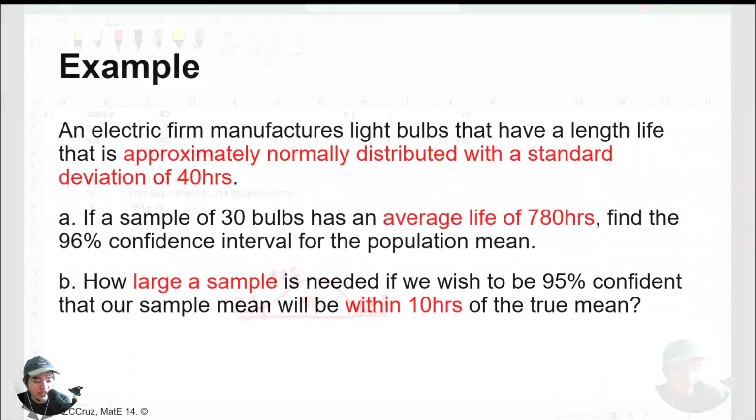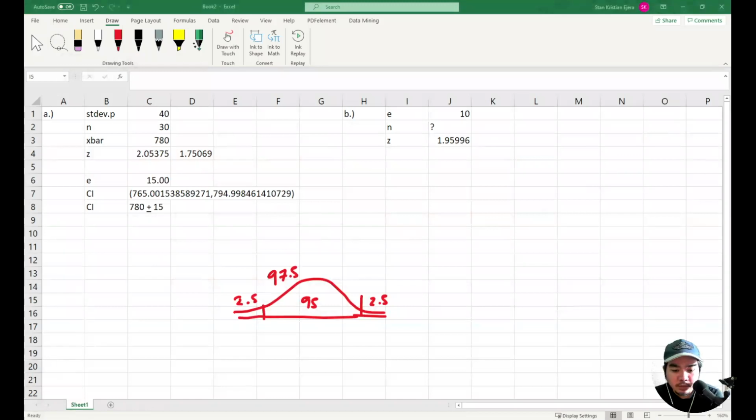So balik tayo sa Excel natin. We have z, we have e, tapos meron din tayong standard deviation, which is 40. So you can do stdev.p, or pwedeng sabihin nyo na sigma siya, because sigma is the standard deviation.